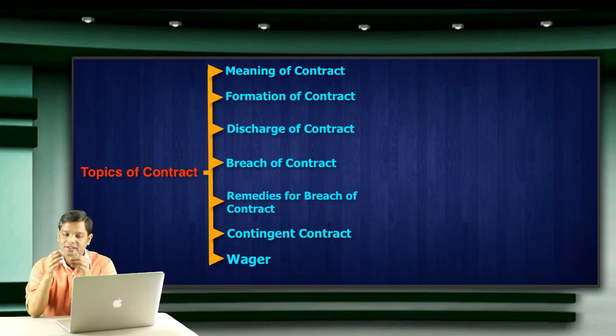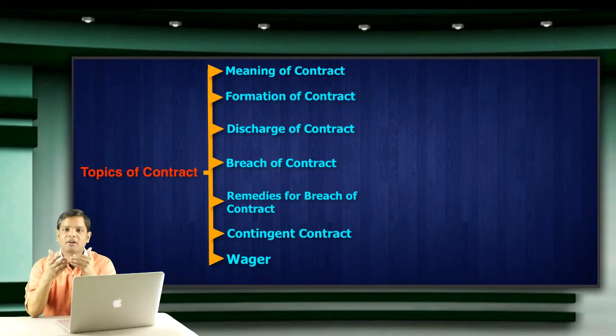So this is the only difference. Otherwise, a couple of more differences are there that we have discussed while discussing the contingent contract. We are not supposed to be explaining all those things because this is a revision class. However, if you feel you have confusion, then you can go back and see that video in order to revise the things again.